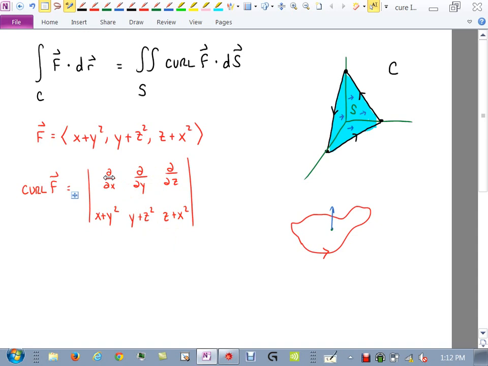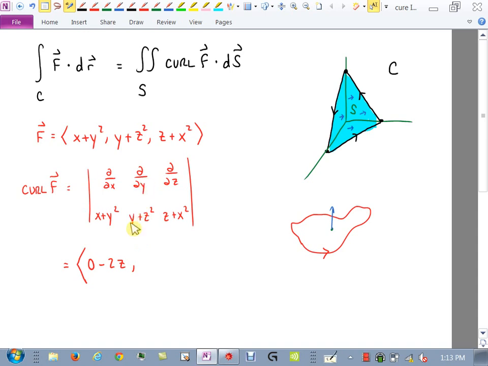Now do your cross product here. I'm going to cover up this first column to get my i component. What will that be? Do the partial with respect to y of this, which is 0. And then minus partial with respect to z of this, which is negative 2z.